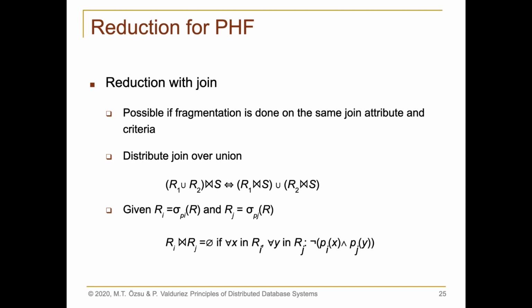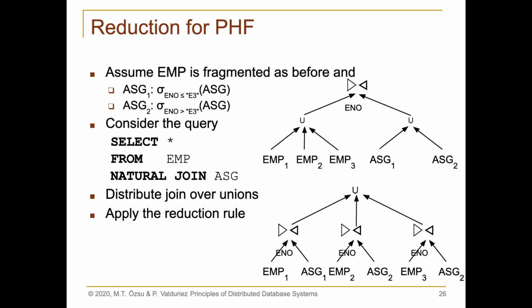So if any of these predicates does not hold for their corresponding fragments' tuples, then we say the join between these two subrelations yields empty set.